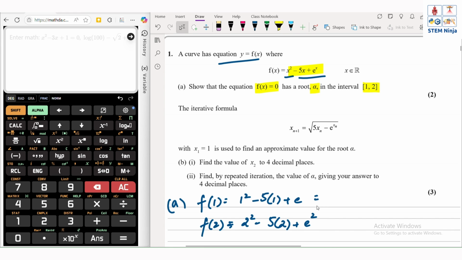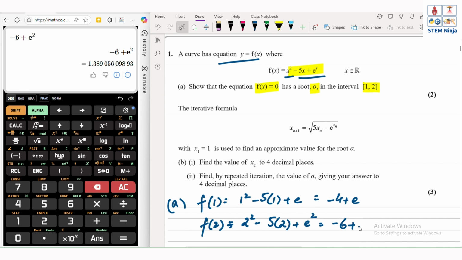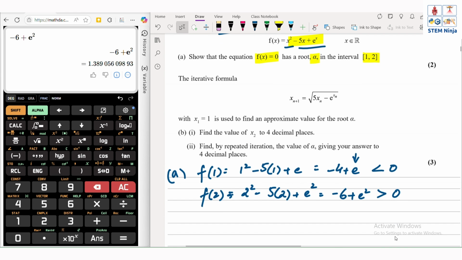This turns to 1 minus 5, that is minus 4 plus e, and 4 minus 10 plus e squared. So basically minus 6 plus e squared. So this one is less than 0 because e is 2.5 something, but this one is greater than 0.